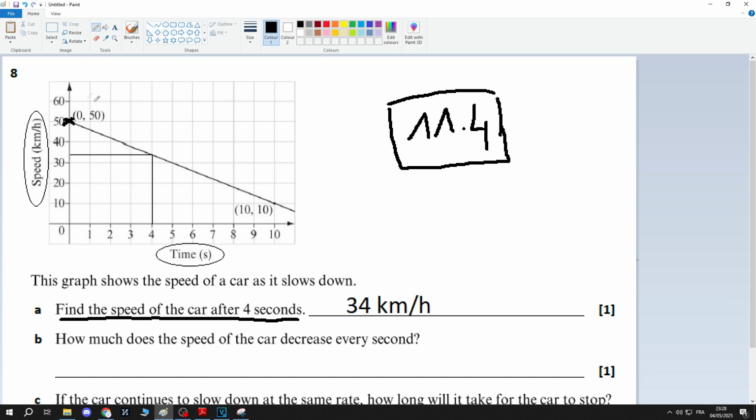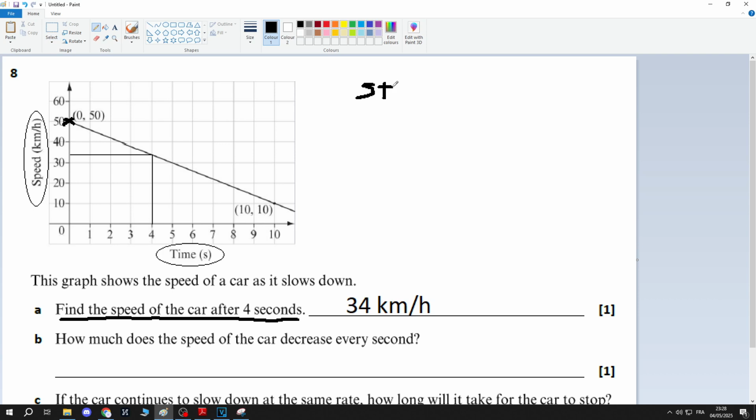Now, to answer this, we need to have a good knowledge of our graph. And there are a few things that we can say about this graph. Well, we know that at the start, our car was at a speed of 50 kilometers per hour, right over here.